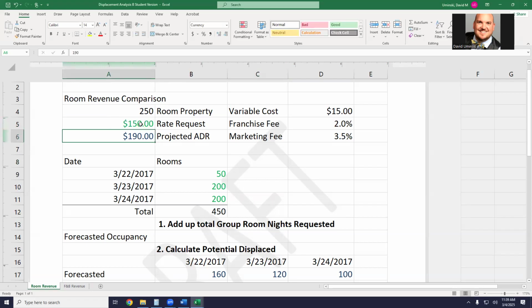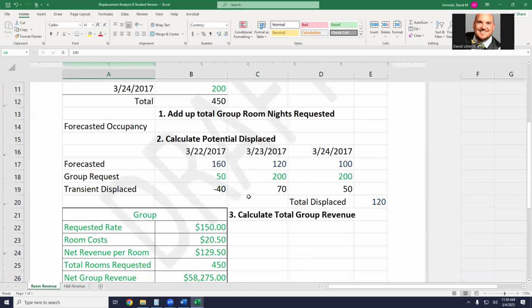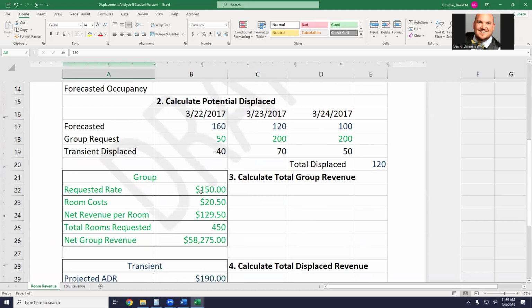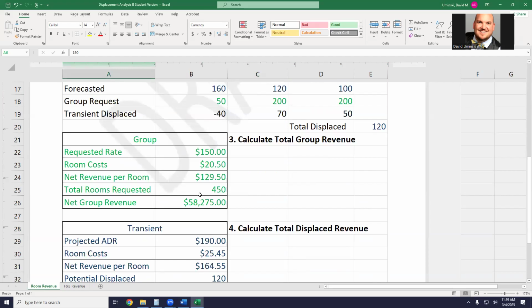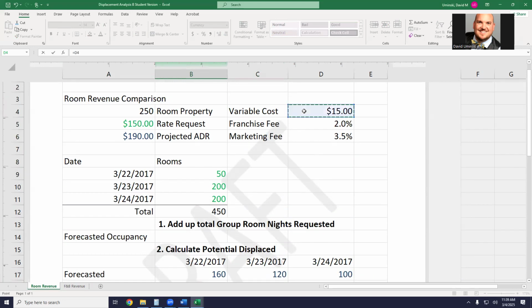So I change that rate to $150, and if I've done everything correctly in Excel, it'll automatically update. I did not do it in Excel, hold on. Equals that plus that times that plus that.